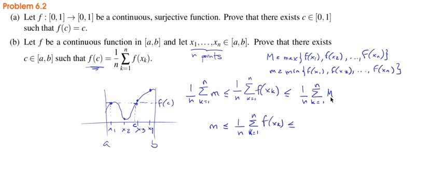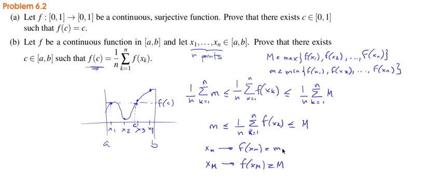And again, if you sum n times capital M, you have capital M times n divided by n, it's M. So we have that our value is between small m and capital M. But we know that for our function there is a value, let's call it x sub m, such that f at x sub m is small m, and there's another value x sub capital M such that f of x sub capital M is capital M.